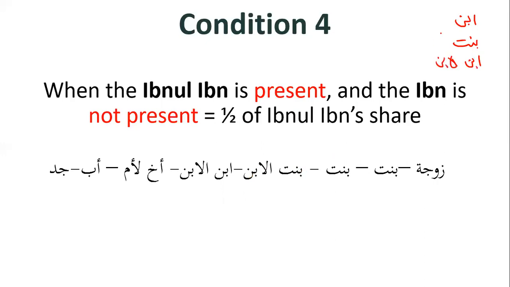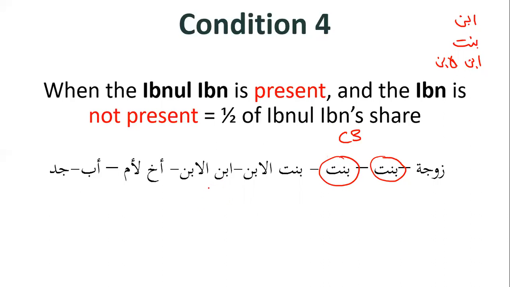In condition number 3, C3, we said that when one bint is present. Okay, so rather than including one bint, I've actually included 2 bints here just to make it clear. So over here we had 2 bints. Just to make it clear that condition number 4 will take precedence.